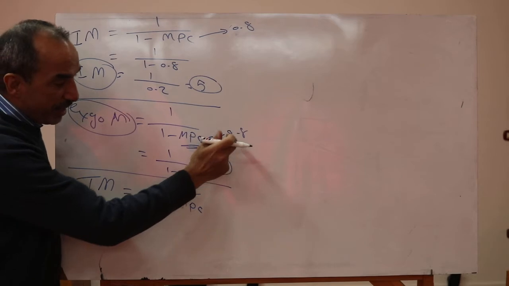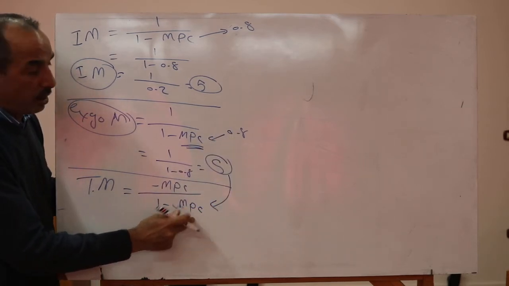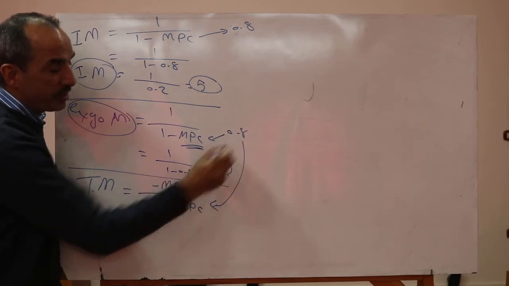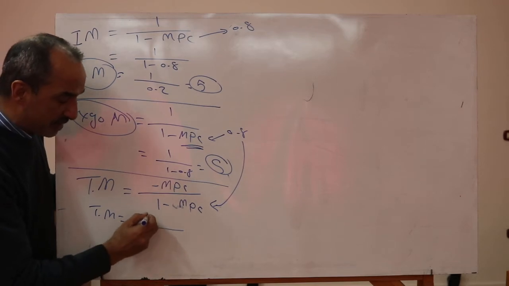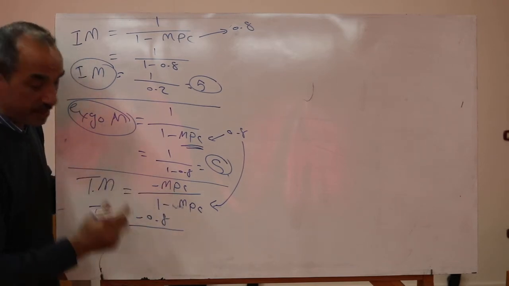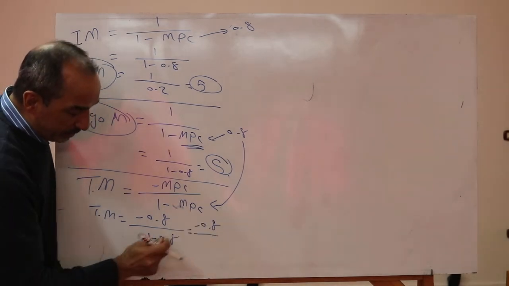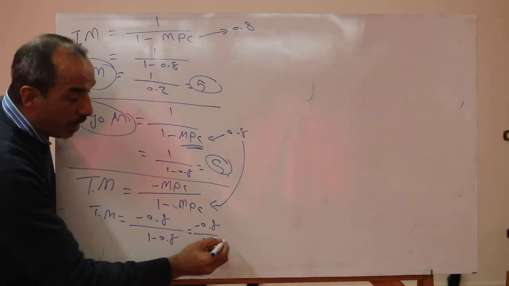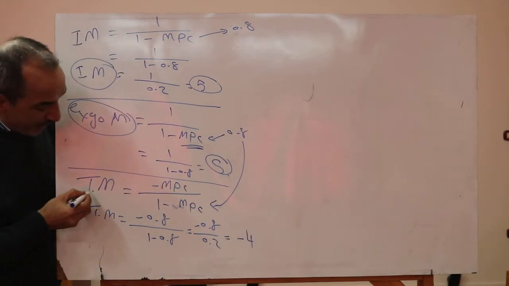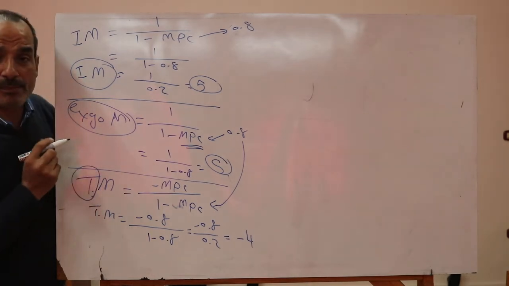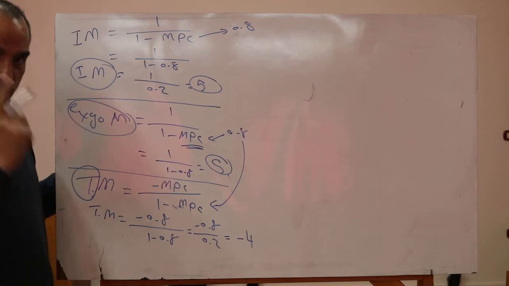In the same example, where MPC equals 0.8, the taxes multiplier equals minus 0.8 out of 0.2, which equals minus 4. What is the meaning of minus 4? When we increase the taxes by $1 million, the national income decreases by $4 million.